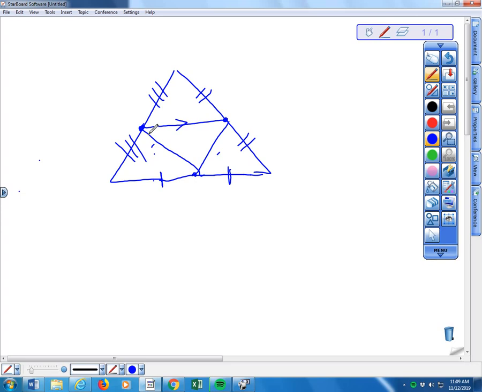As an example, if I told you that length was 3, what is this length? From here to here? 3. Yeah, they're parallel, so this whole length is 6. And this is the midpoint, so each one of these segments is 3. So you're going to be asked to do several problems related to those properties of midsegments in a triangle.